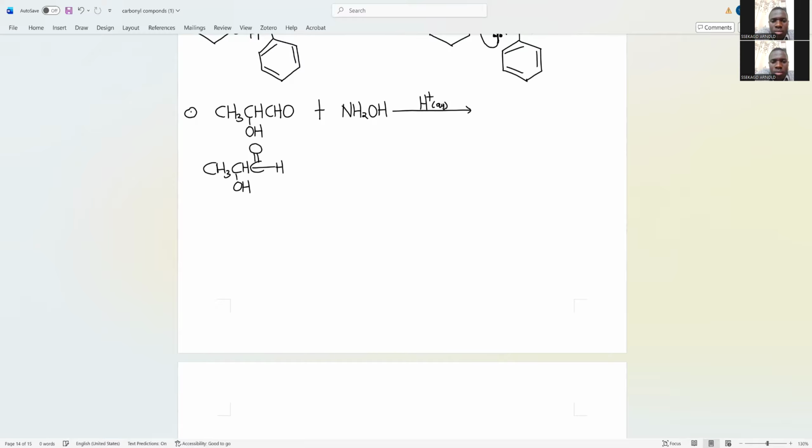So we start with the protonation. In the presence of a catalyst, the hydrogen ion is electron deficient, and there are lone pairs of electrons on oxygen that can be donated to that catalyst, that proton. Therefore, as a result, we form the following.